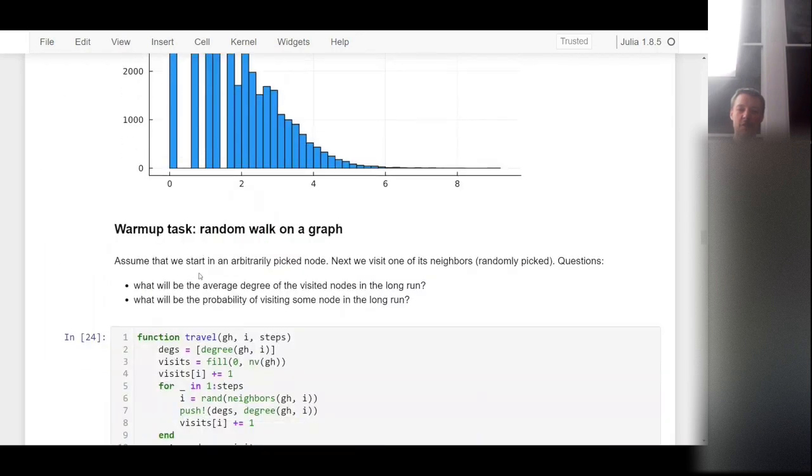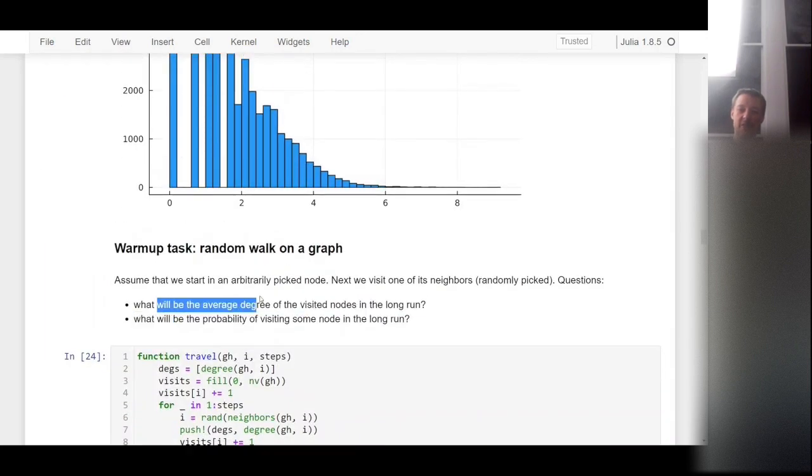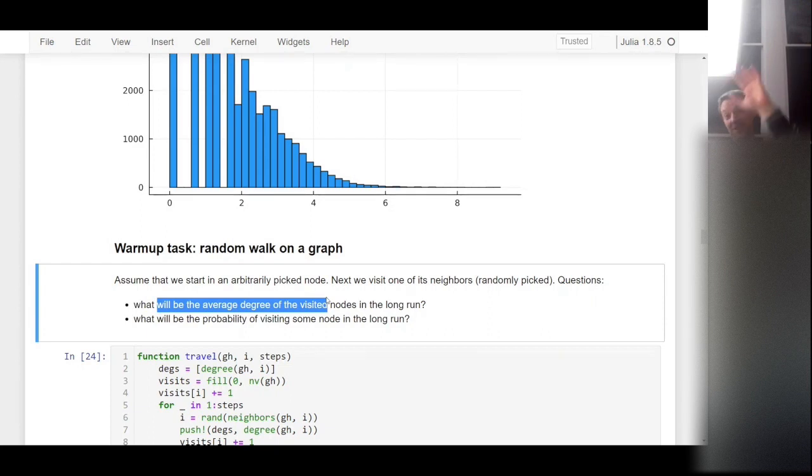But what if I visit them in a process where I visit a friend of a friend? One thing we already know is that eventually I will visit every node. Why will I eventually visit every node? Because the graph has one huge connected component. So eventually I will visit every node.